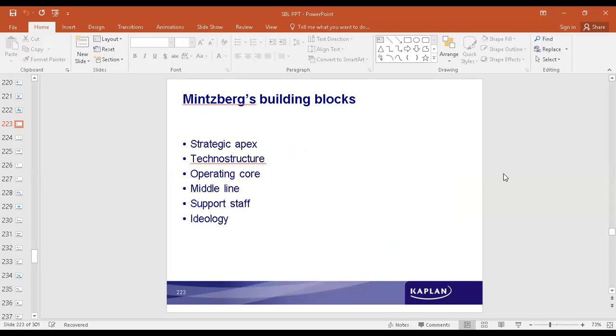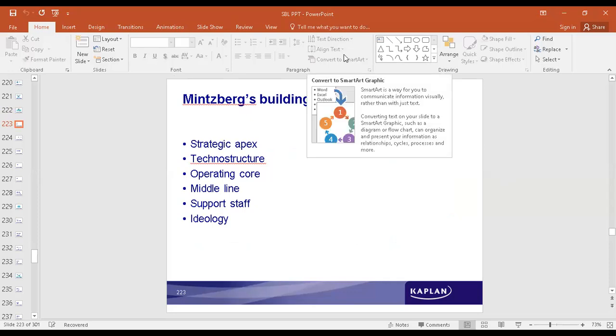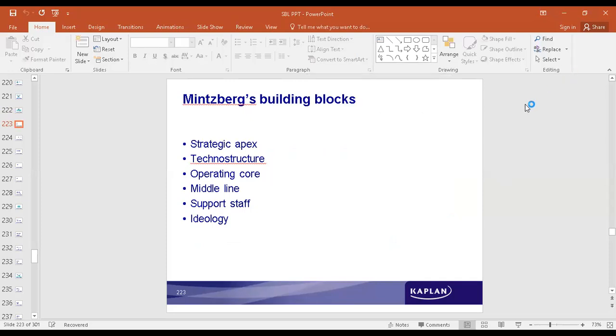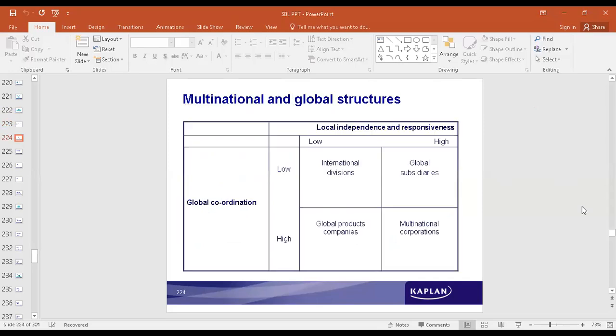Then we've understood what Mintzberg's building blocks model is. He took different building blocks and arranged them in the shape of a pyramid, and then explained what the different building blocks are at each level of management. Then after Mintzberg's building blocks model, we have understood about multinational and global structures, depending on two variables: whether global coordination is required, and the other variable being local independence and responsiveness, to that extent whether it is low or high.